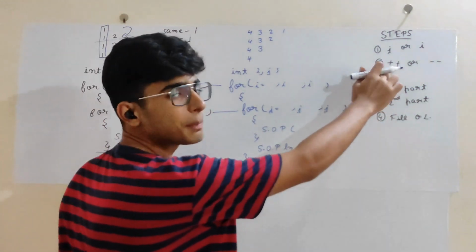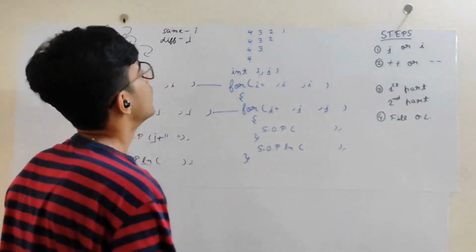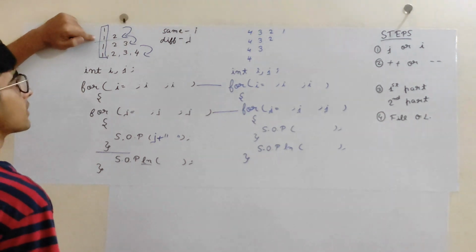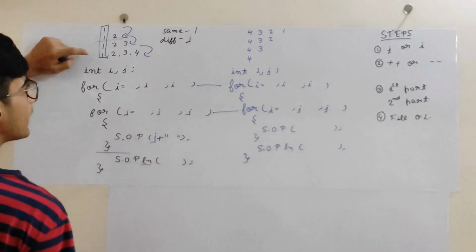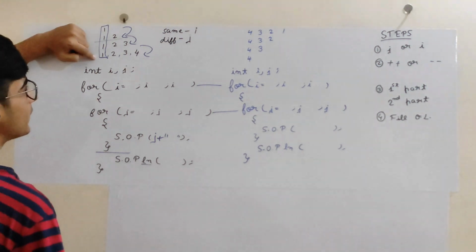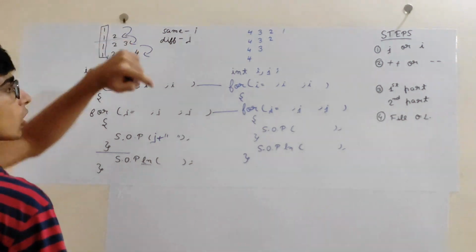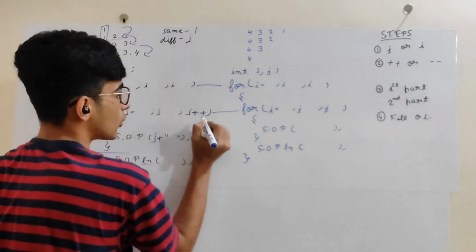In Java, if you see plus plus, it means addition of 1, only 1. So here we have to use plus plus, meaning 1 plus 1 is equal to 2. And in the last row, you can see the same. 1 plus 1 is 2, 2 plus 1 is 3, 3 plus 1 is 4. So we have to write plus plus here in the loop.